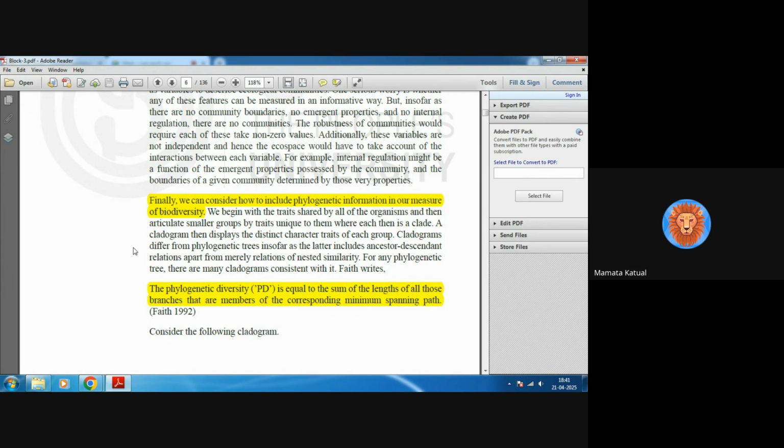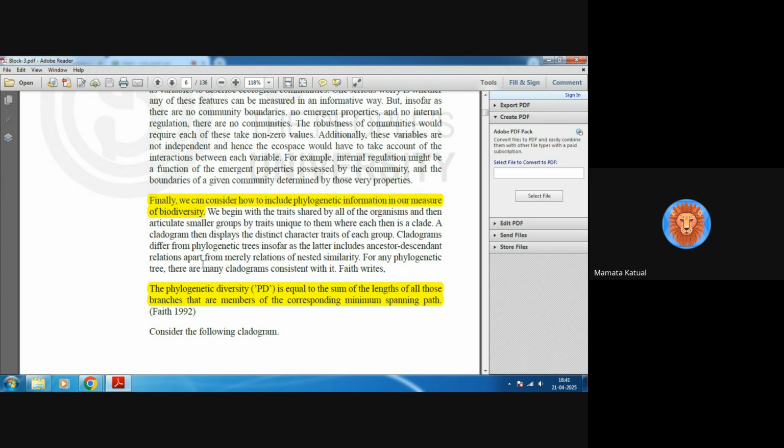So if we find a taxonomic similarity between any two species, then we understand that they are very close by evolution also.